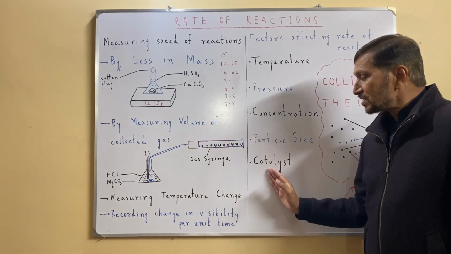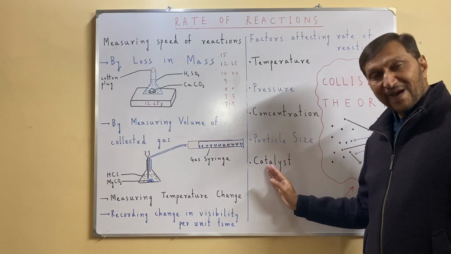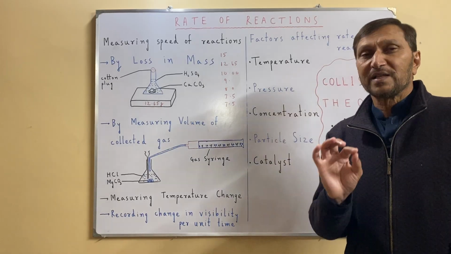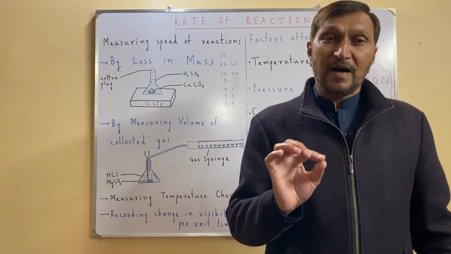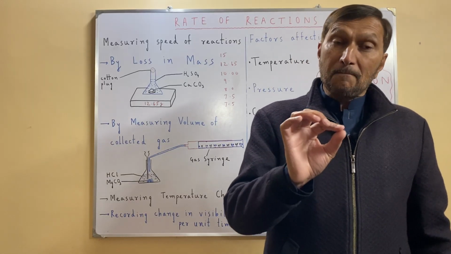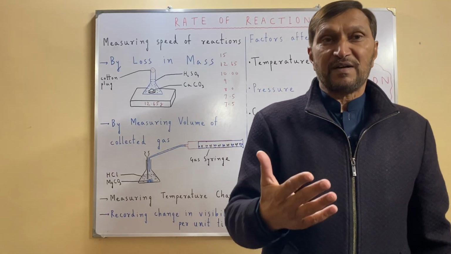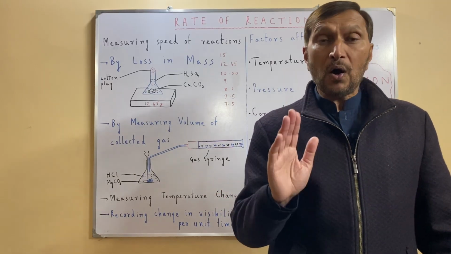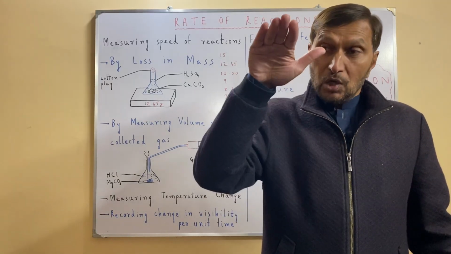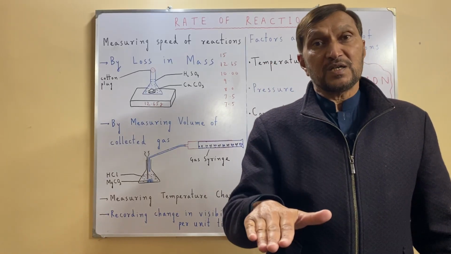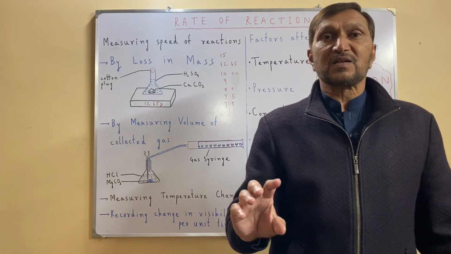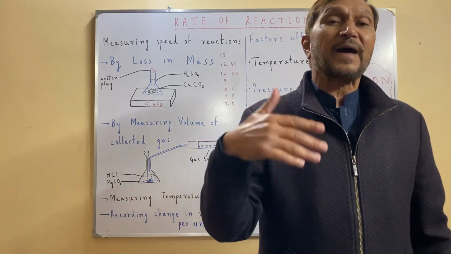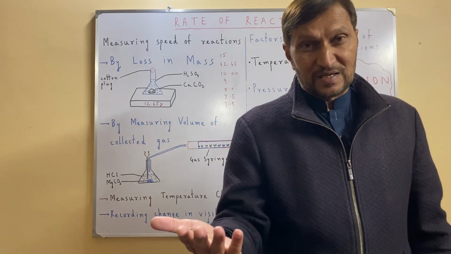The last factor which affects the speed of reaction is catalyst. We know that catalysts play a very important role in determining the speed of reaction. Catalysts speed up the chemical reaction by lowering the activation energy. For example, in the ammonia Haber process, iron and iron oxide is used as a catalyst.